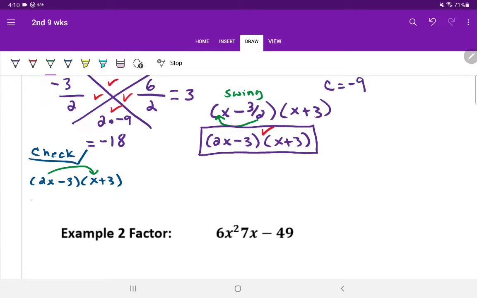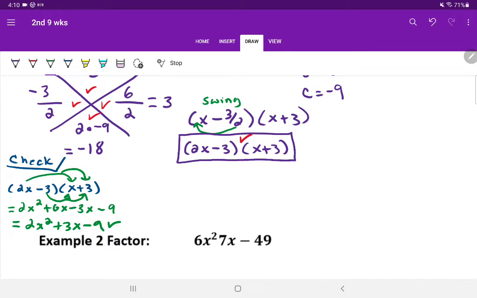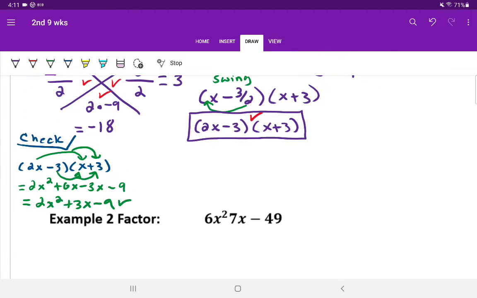So we're going to get equals 2x squared, and then 2x times 3 is plus 6x. Then negative 3 times x is minus 3x, and then negative 3 times 3 is a negative 9. Combine like terms: 2x squared, 6x minus 3x is positive 3x, minus 9, and that checks out with what we get in our original equation. Okay, so again, it has to multiply back to our original thing when we factor, so it's a good way to check that.